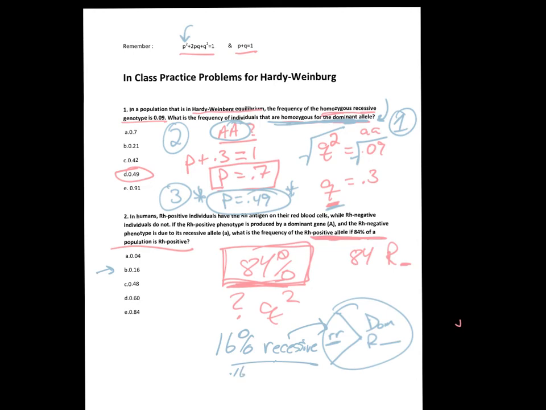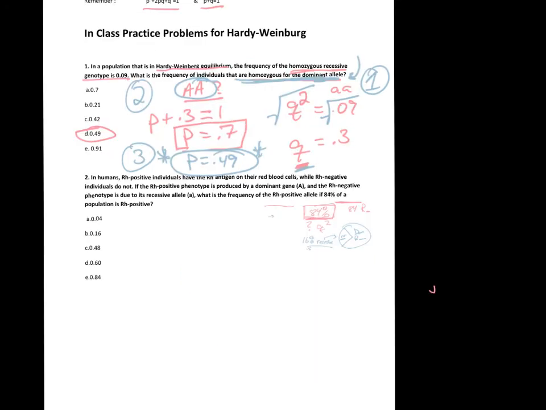So they're betting that you're going to choose B. But that's not the question they're asking you. They're asking you what is the frequency of the Rh positive allele. So what they want to know is the frequency of big R in this whole population.